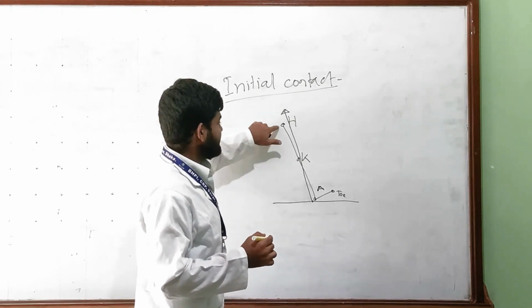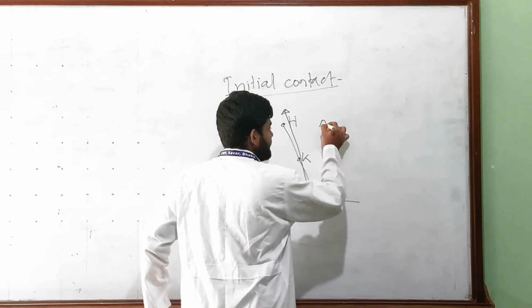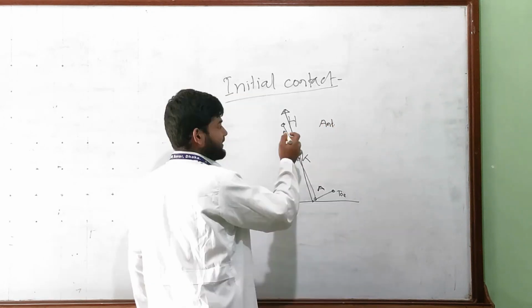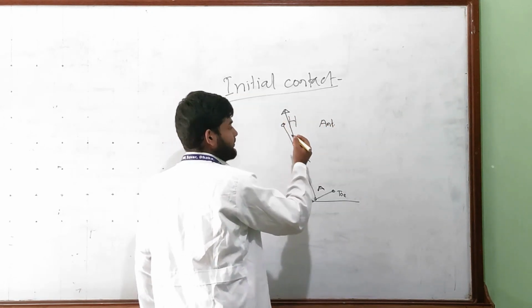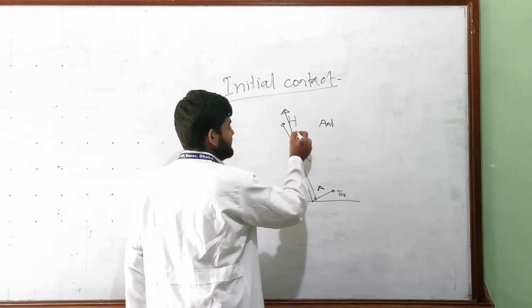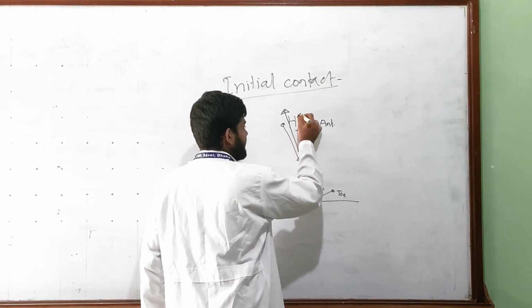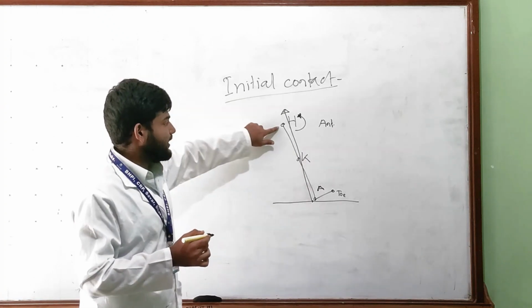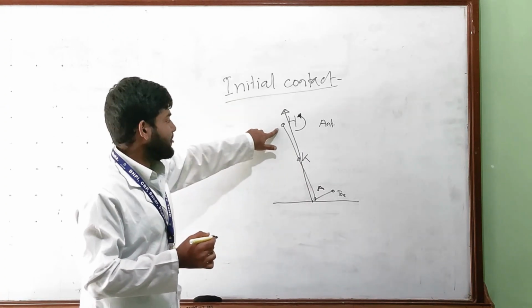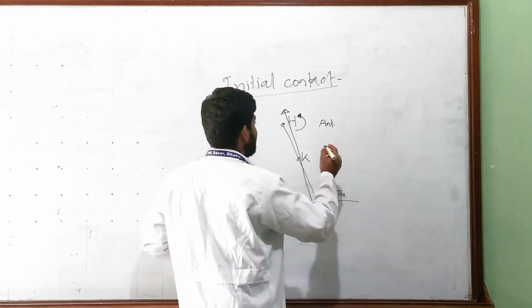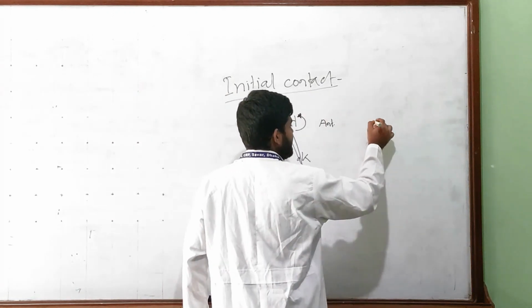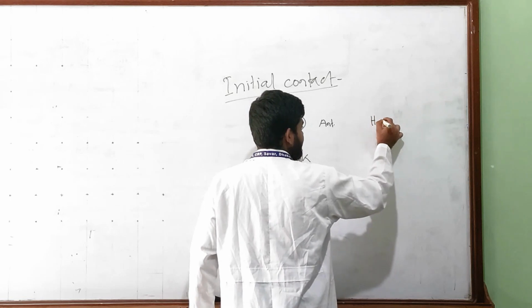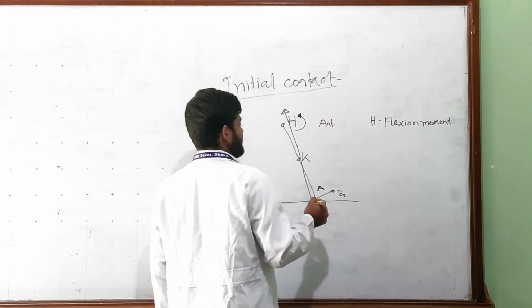In the hip, it goes anteriorly, so the movement it creates is anti-clockwise. So here the hip flexion will be happening. In case of initial contact, the hip movement will be flexion movement.